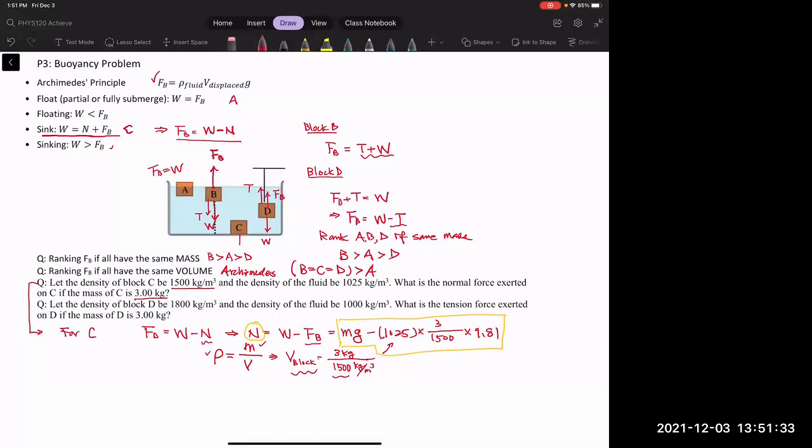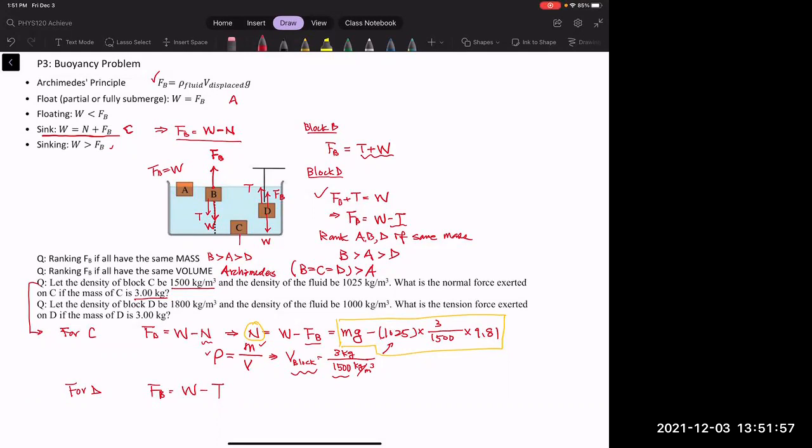Then similarly, if you want to find the D, you need to write down the equation, which is this one here. So we have F of B equal to W minus T. Then we try to find the tension force, right?